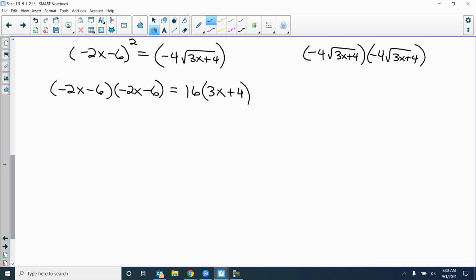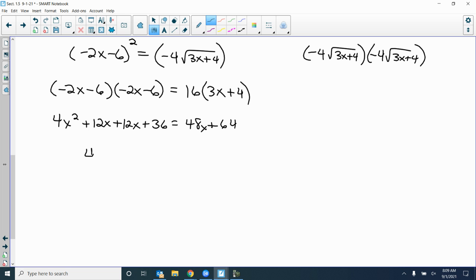All right, negative 2x times negative 2x is 4x squared. That's going to give me plus 12x. And I'm going to get another plus 12x. I'm going to get plus 36. And I'm going to get 48x plus 64. Should be an x there.